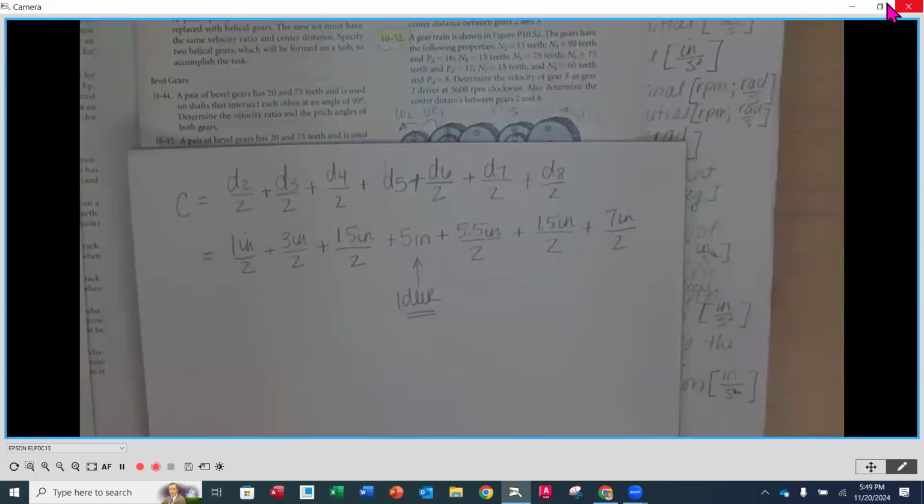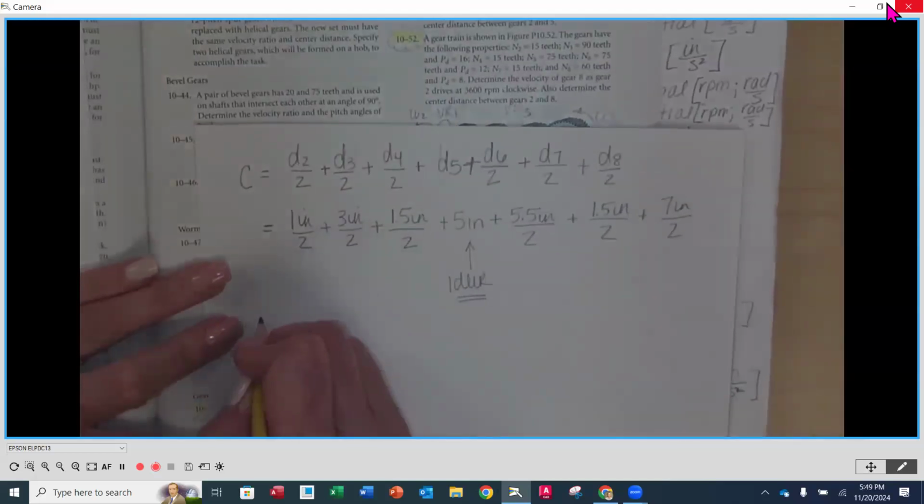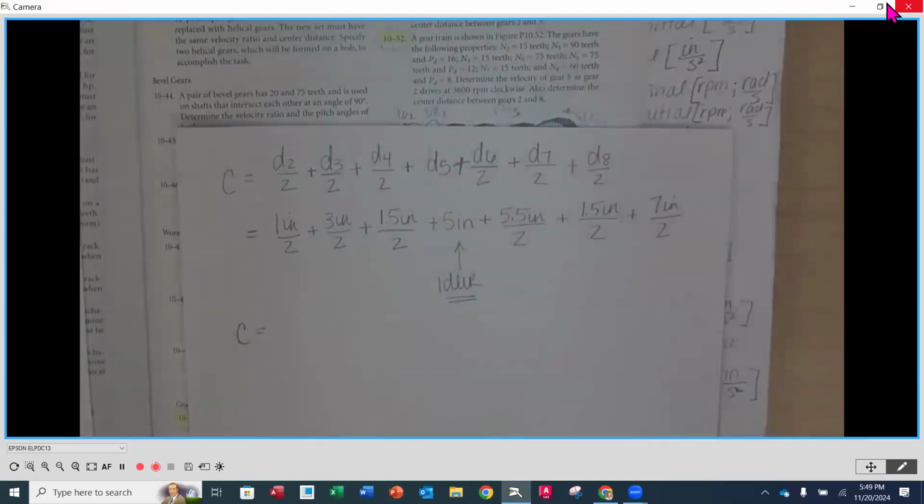All right, so then what is our center distance for this one? We don't have an answer key. We don't have an example worked out. So we've got to plug it in.